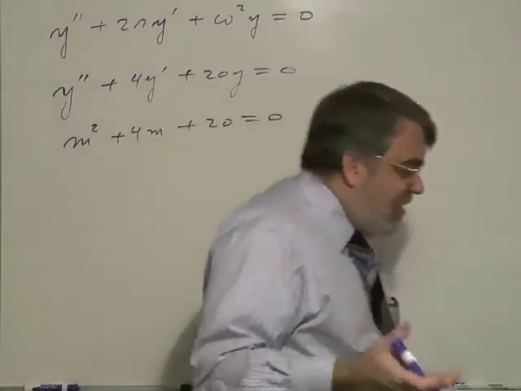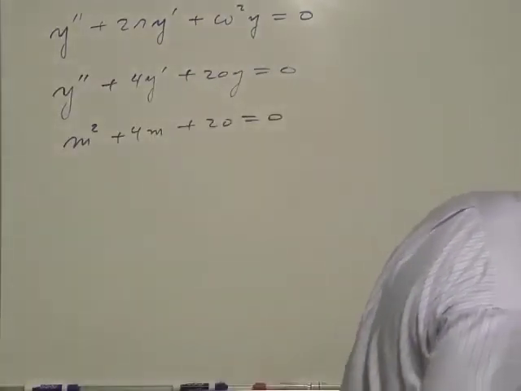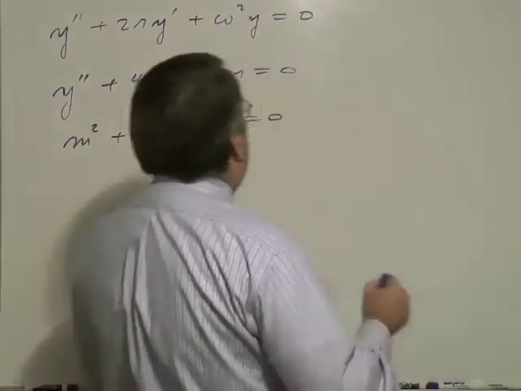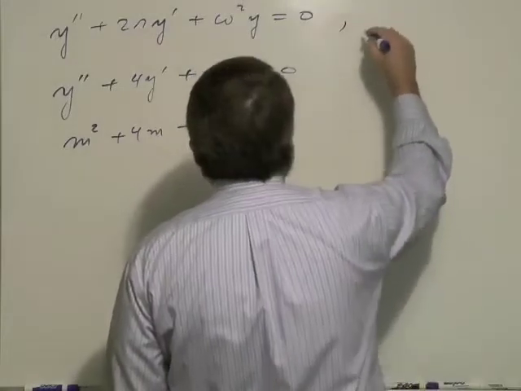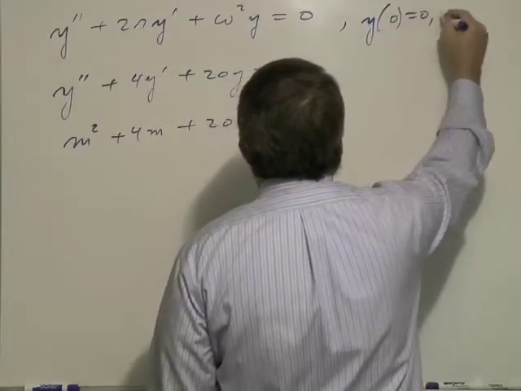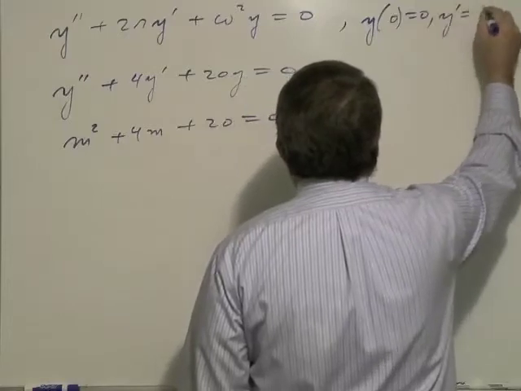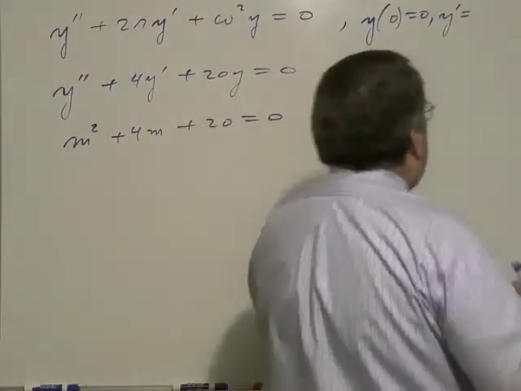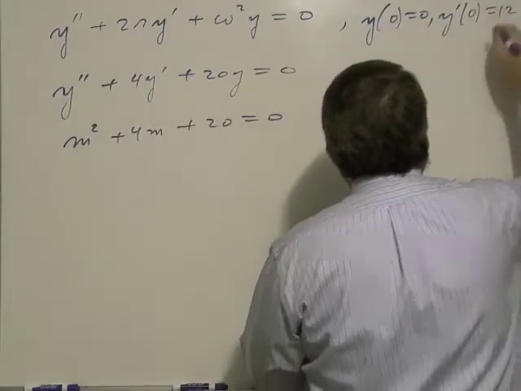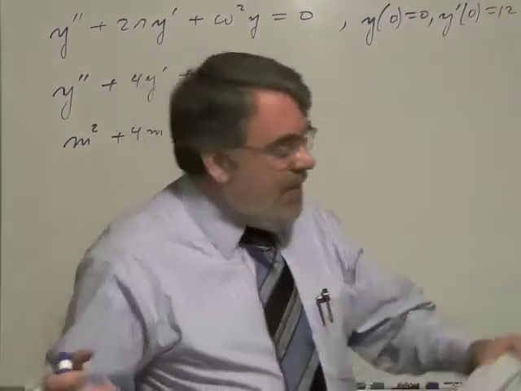By the way, I didn't tell you the rest of the problem. The rest is that after it's brought to rest, it's given a velocity of 12 feet per second. Alright, so that kind of completes the statement of the problem.